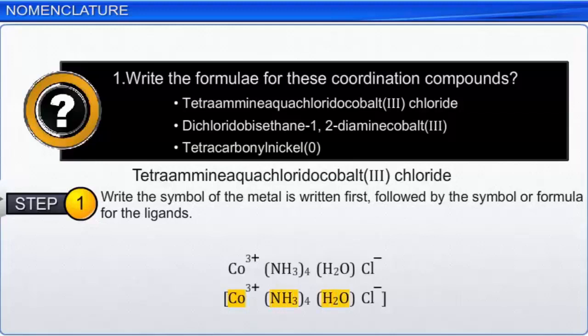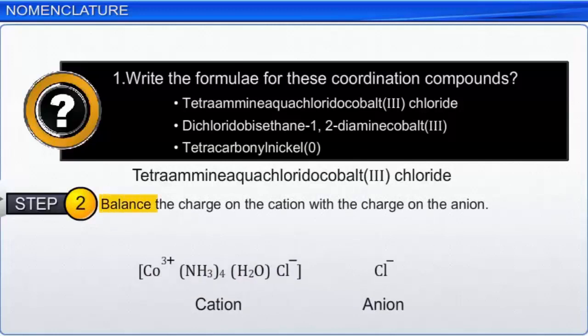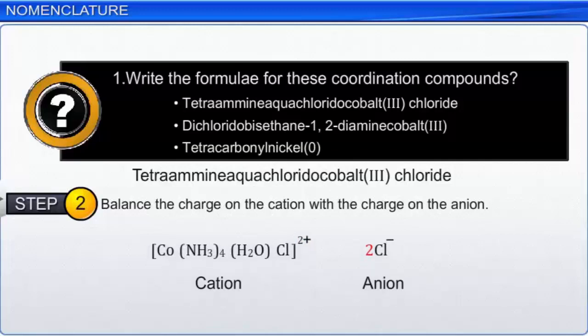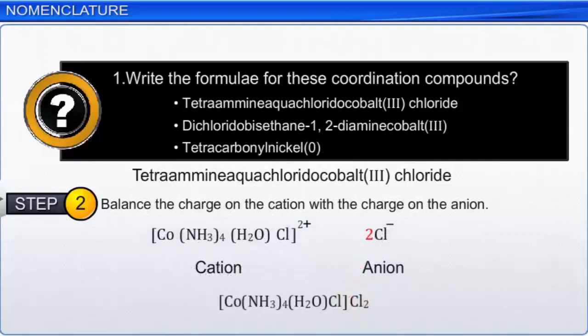The next task is to balance the charge on the cation with the charge on the anion. Since amine and aqua ligands are neutral, and there is only one chloride ligand inside the coordination sphere, the charge on the complex ion is +2. Hence, two anions can neutralize the charge on the cation. Thus, the formula for the given compound is [Co(NH3)4(H2O)Cl]Cl2.